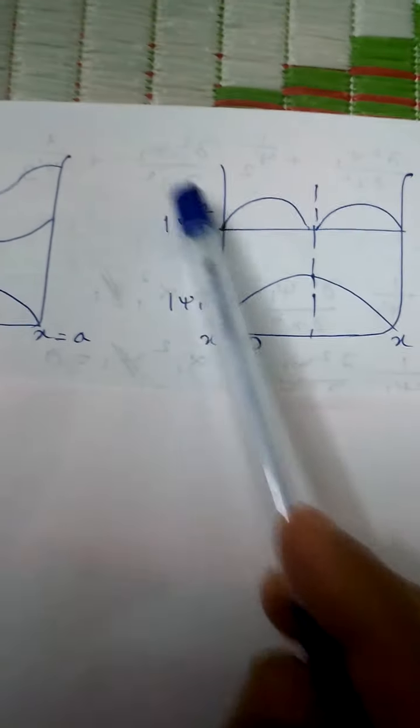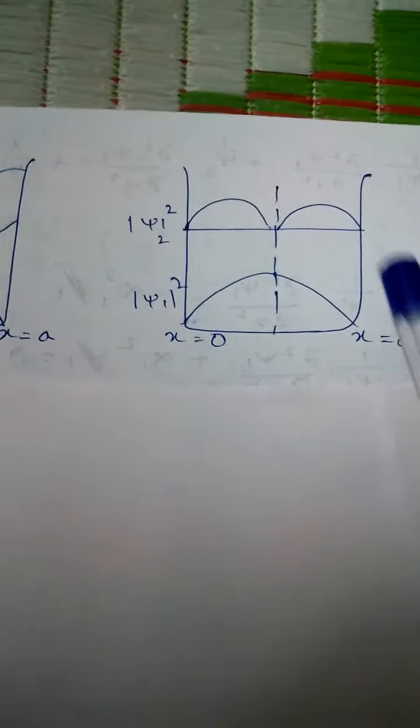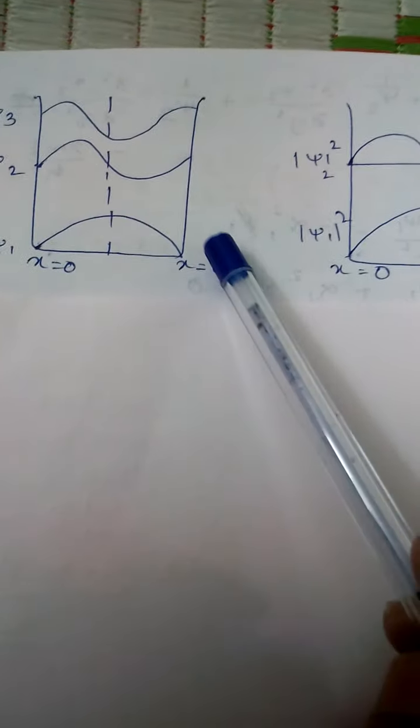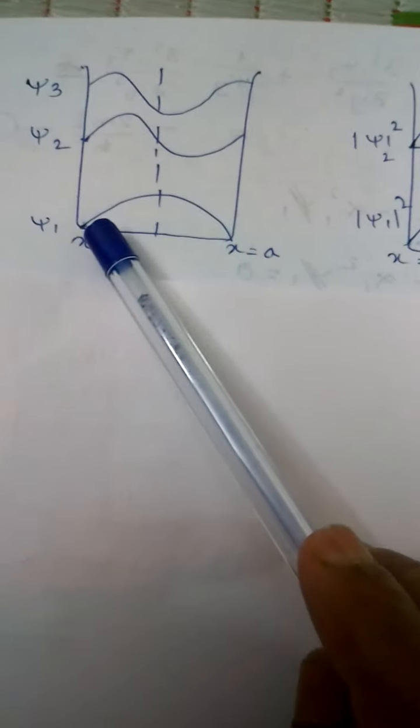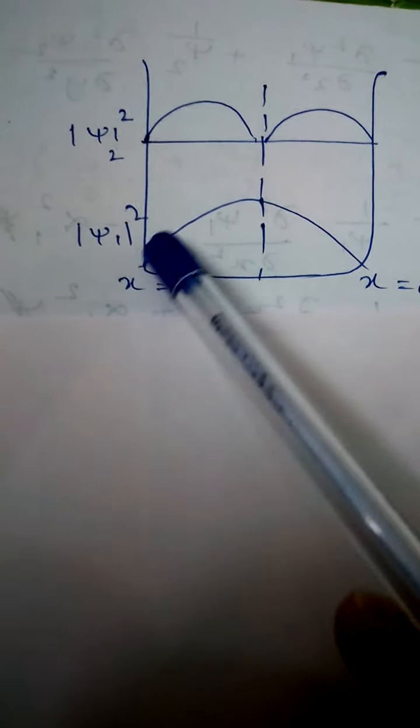If we take mod of psi square, this variation of mod of psi square versus x can be represented in this fashion. Mod of psi square is always positive, having higher magnitude. So this is the variation of mod of psi 1 square versus x.